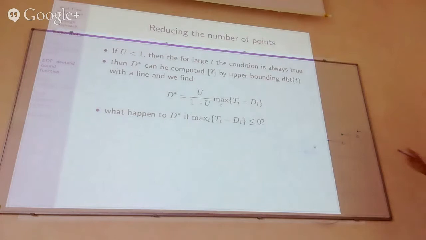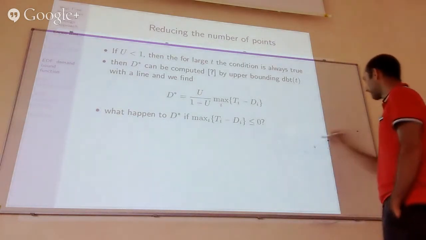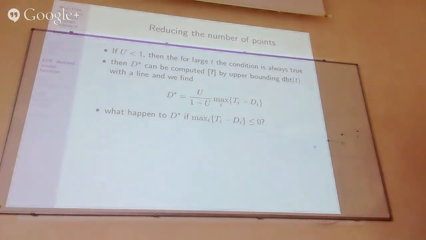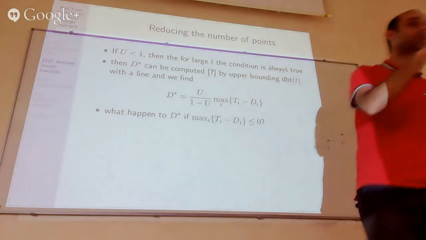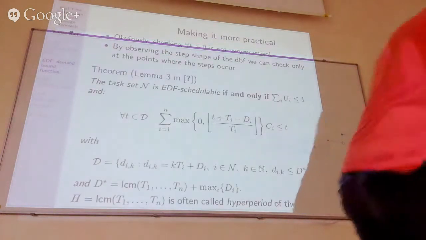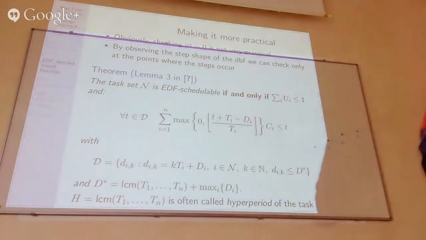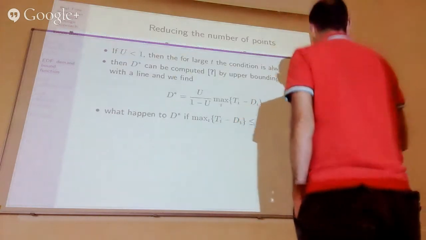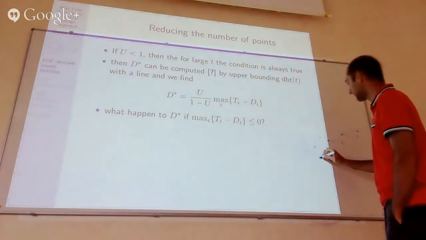So by upper bounding the demand bound function with a linear function, which is something that we can easily do by removing the floor here, we can find this point that I call maybe t star.